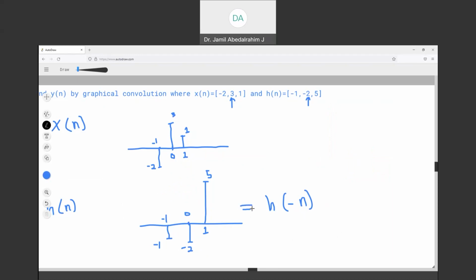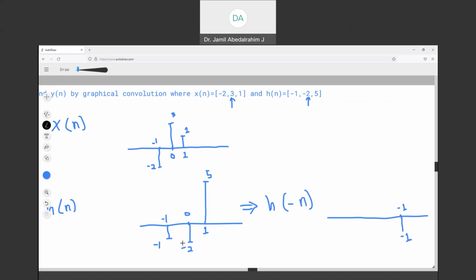This is h of -n. It becomes, we keep the first pulse at -1 with value -1.